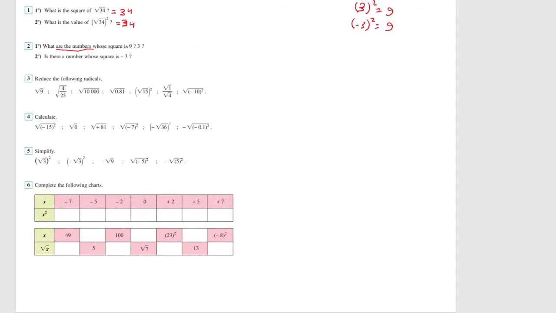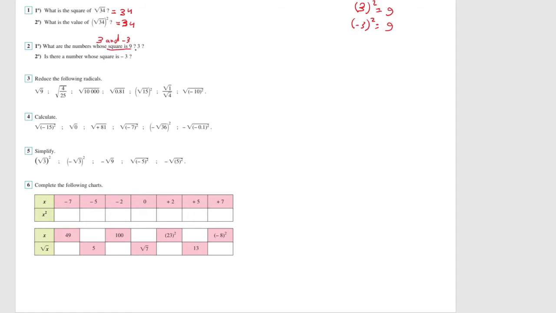So the numbers whose square is 9 are 3 and negative 3. Let me write it here: 3, comma, negative 3. Here there are two questions. For this one, 3 and negative 3.